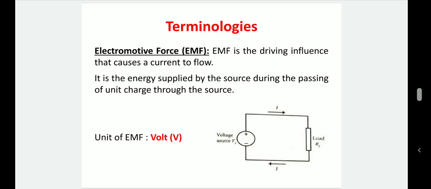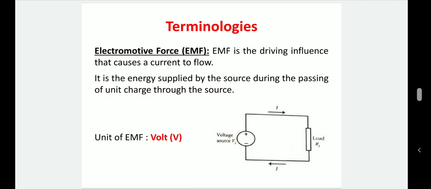That is what is meant by EMF. Actually EMF means the voltage across a source or a battery. So if we are measuring a voltage across the source, we will term it as EMF.